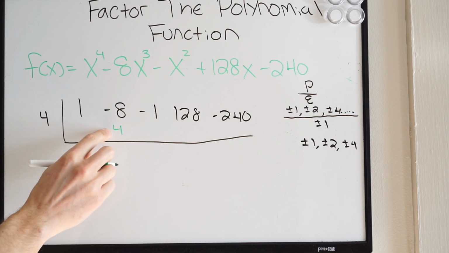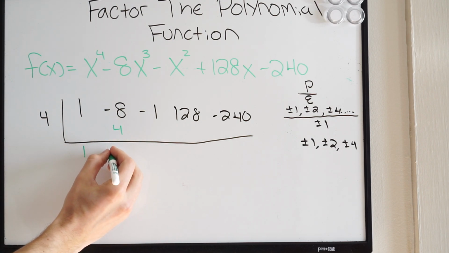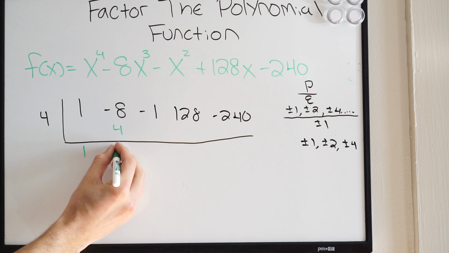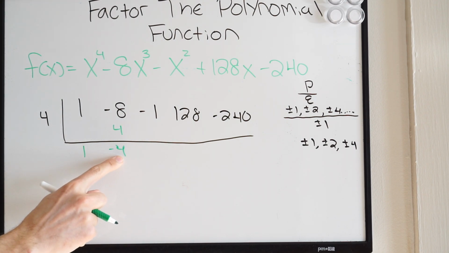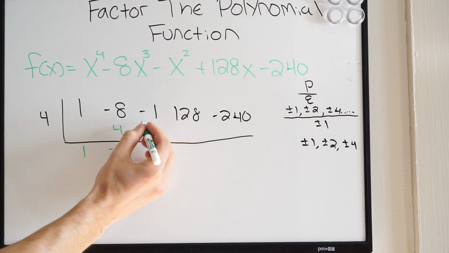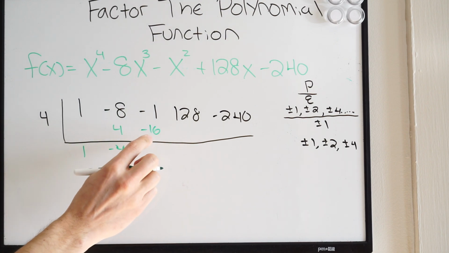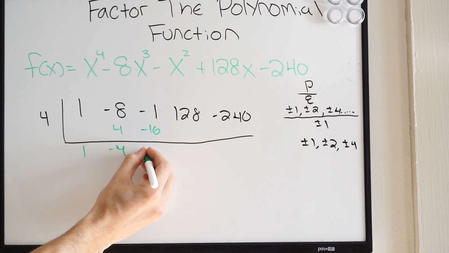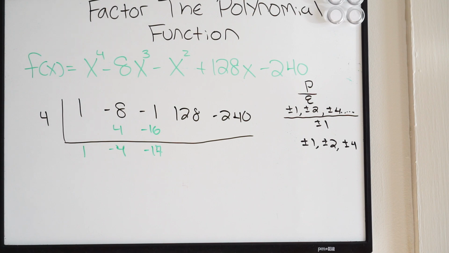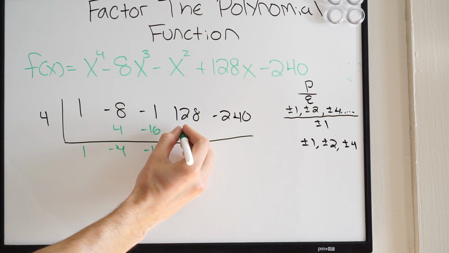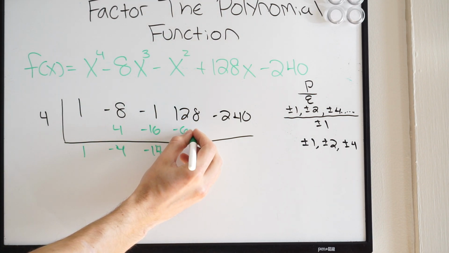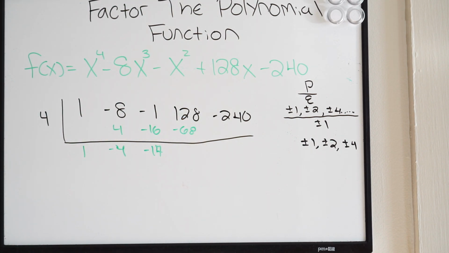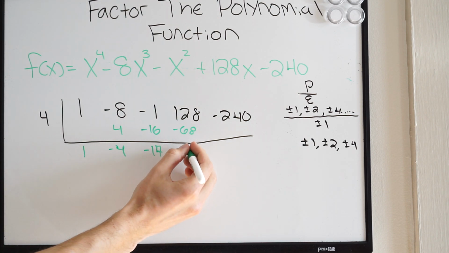Then we have negative 8 and a positive 4, that's negative 4. Then we have negative 4 times 4, that's negative 16. Negative 16 and a negative 1, that's negative 17. Then we have negative 17 times 4, that's negative 68. 128 and a negative 68 makes 60.